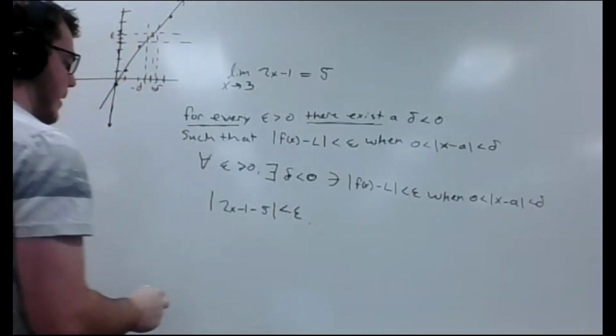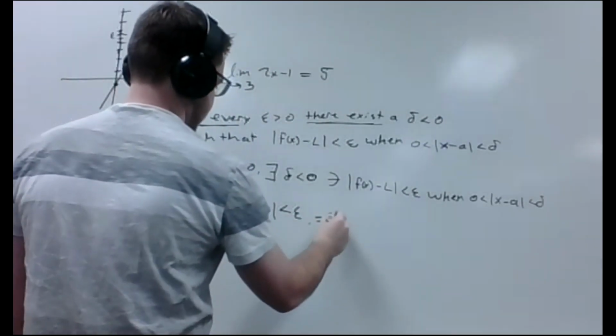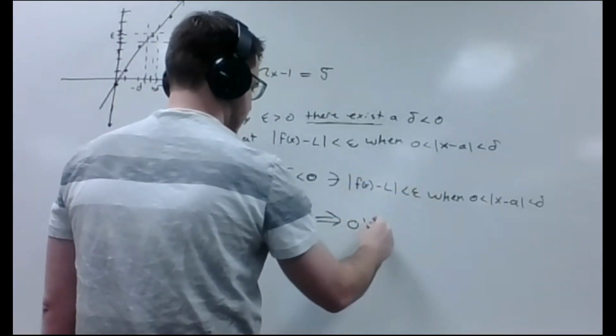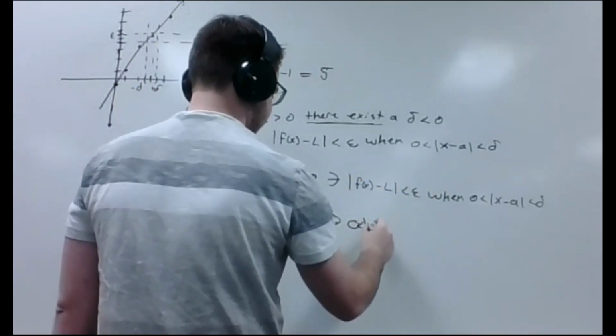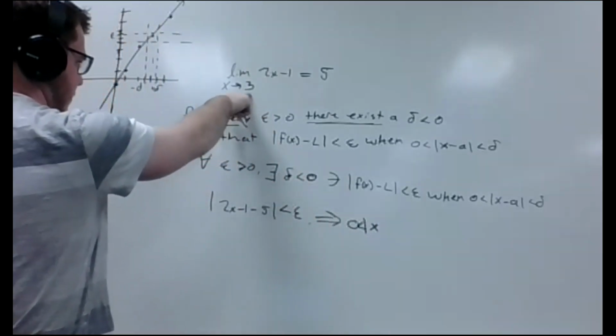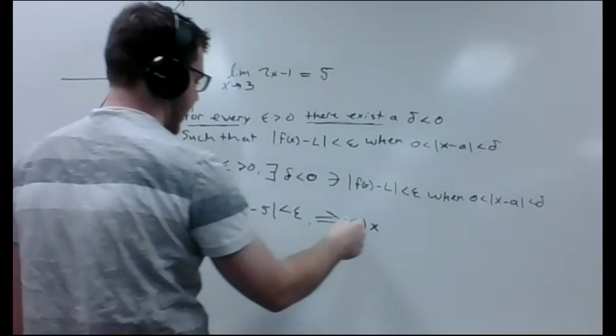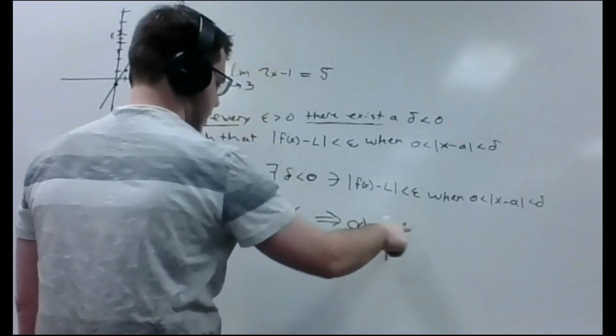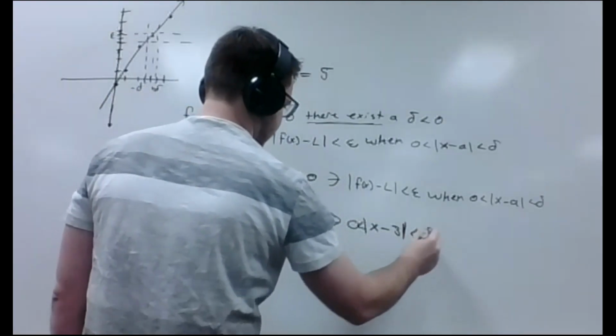And that's when x minus a, where a is what x approaches, so x minus 3, is less than delta.